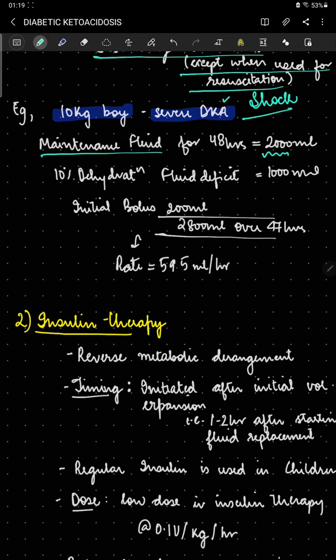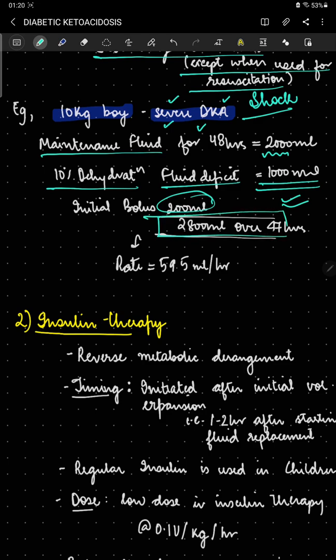As the child is a patient with severe DKA, we consider that the child has 10% dehydration, so the fluid deficit would be 1000 ml, right? The initial bolus we gave the child, considering shock, was 200 ml, so the net would be 2800 ml over 48 hours, and the rate comes to about 59.5 milliliter per hour.